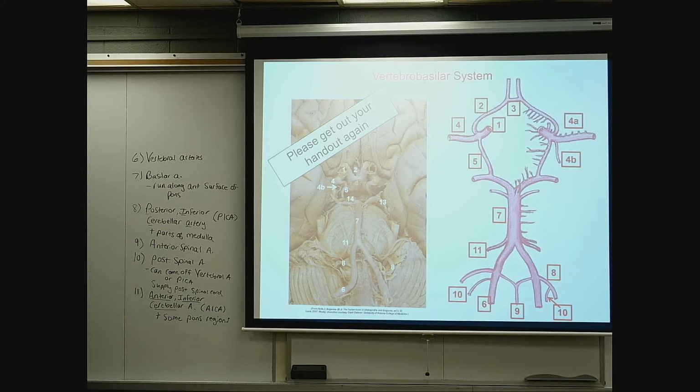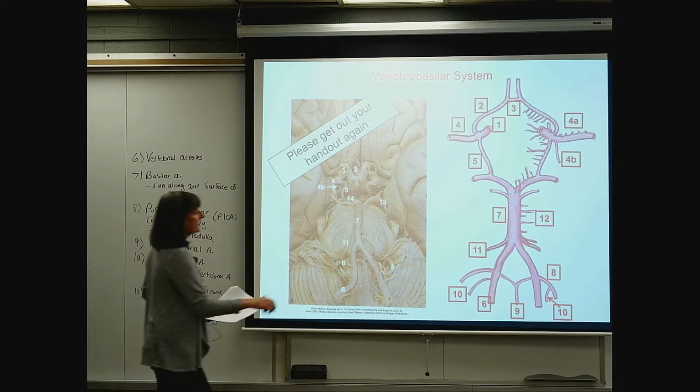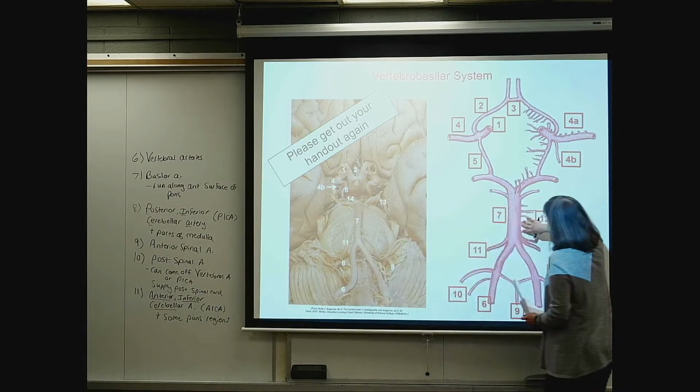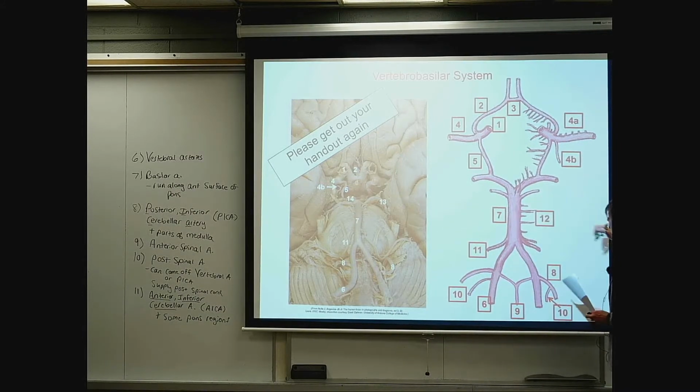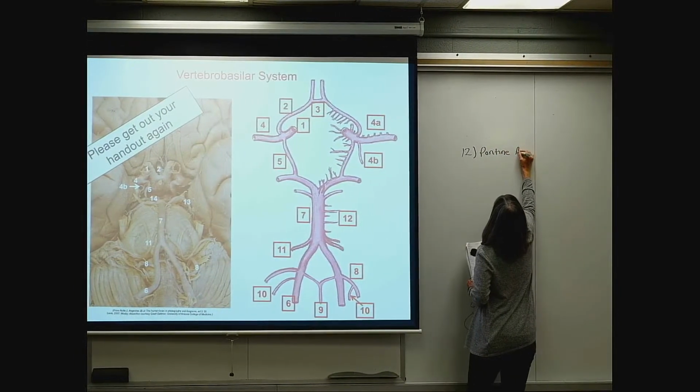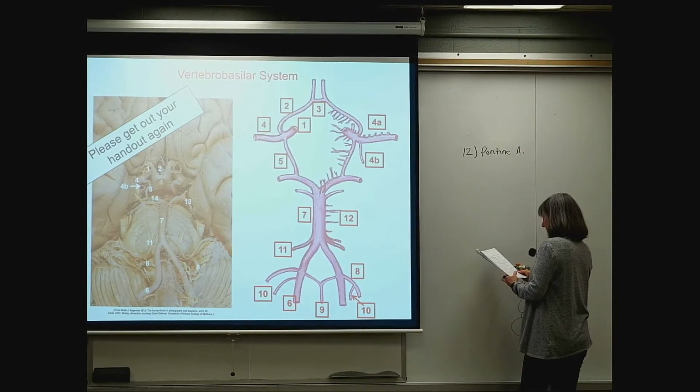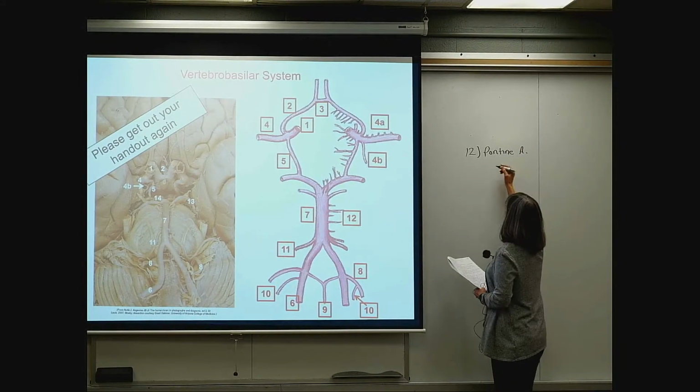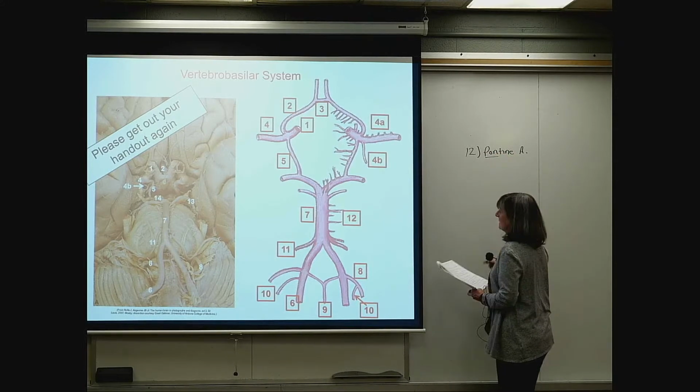And now number 12, we have these little arteries that are coming off of the basilar artery over here, and these are called the pontine arteries. And they're going to supply the pons, as indicated by the name.